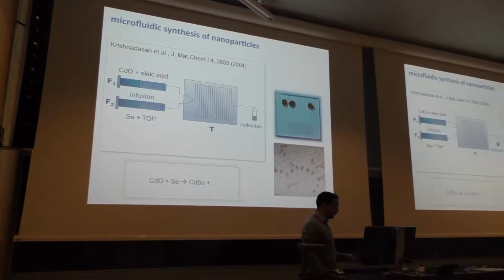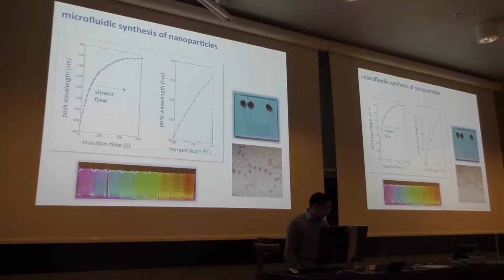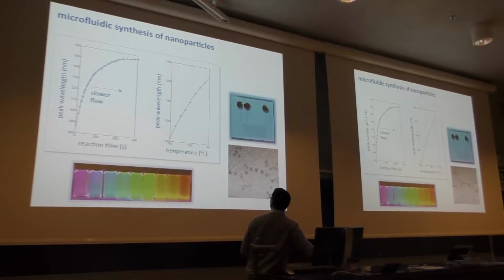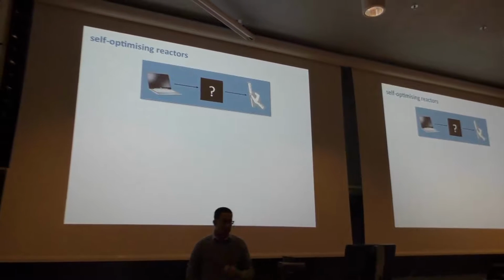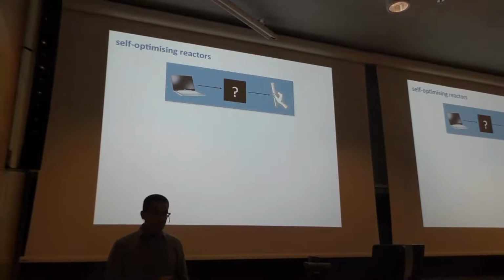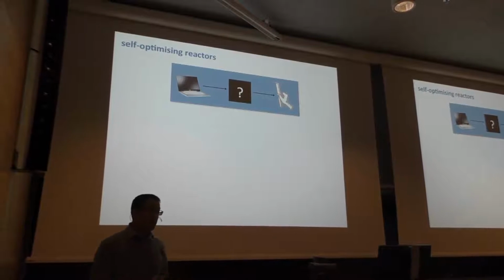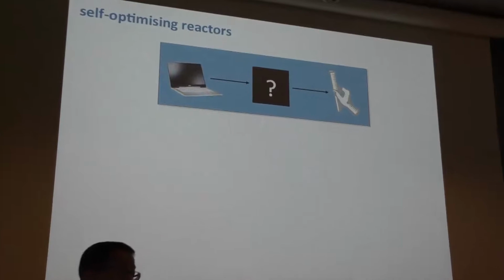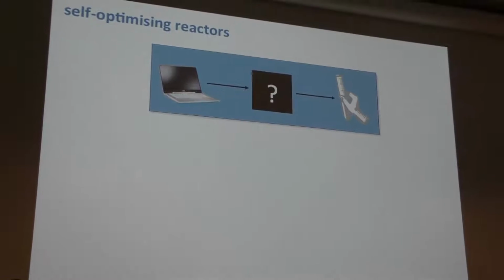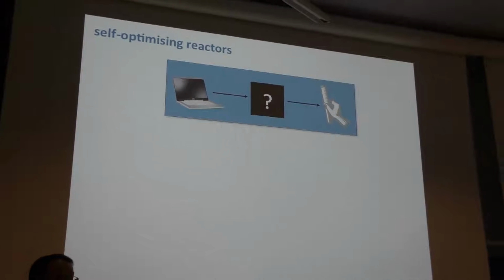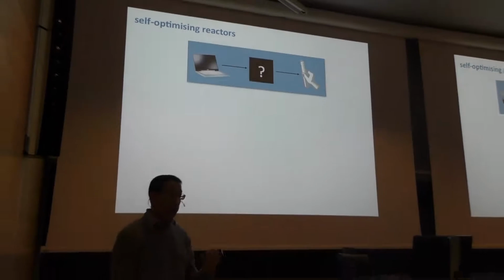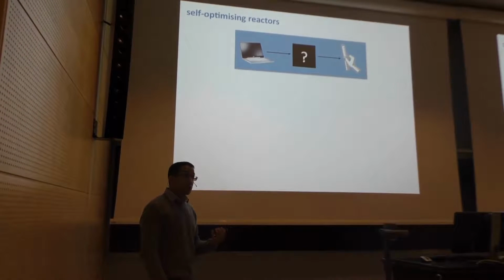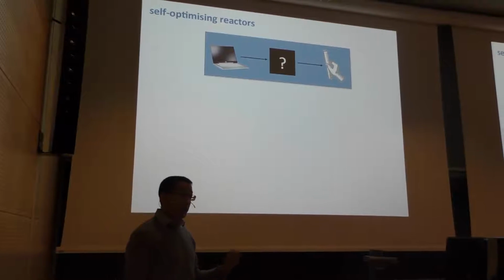So one of the things you can think about doing with a system like this one is integrating some form of analysis into the reactor. And as soon as you can think about integrating analysis into the reactor, you can think of introducing some kind of intelligence into your reaction system. So the idea here is that we monitor what we make as it comes out of the reactor, and we pass that information to an algorithm that makes decisions about what reaction conditions to try next.